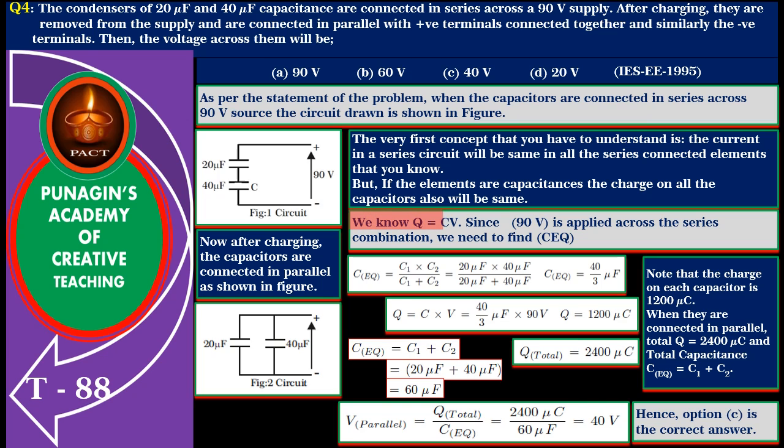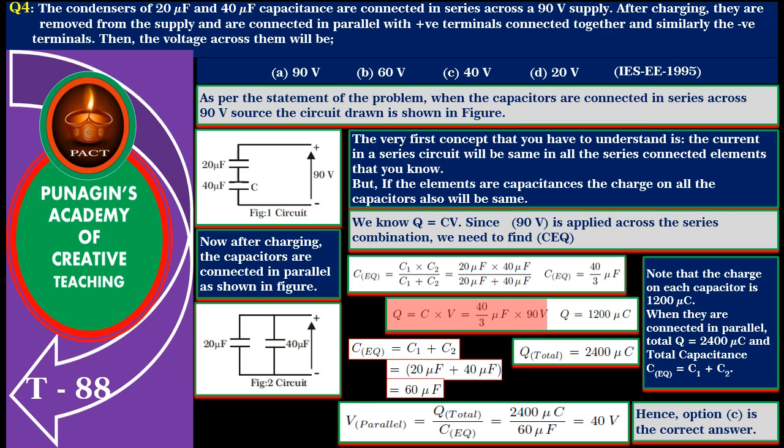We know Q is equal to C into V. Since 90 volts is applied across the series combination, we need to find C equivalent. We know C equivalent is equal to C1 into C2 divided by C1 plus C2. By substituting the values, we get C equivalent is equal to 40 divided by 3 microfarads.